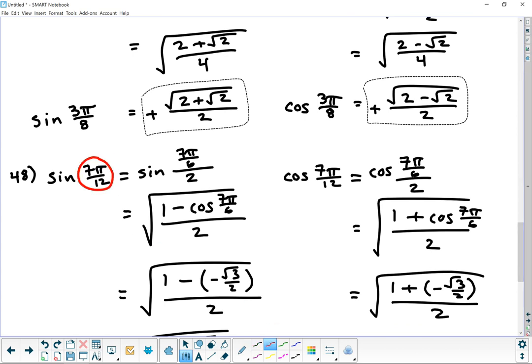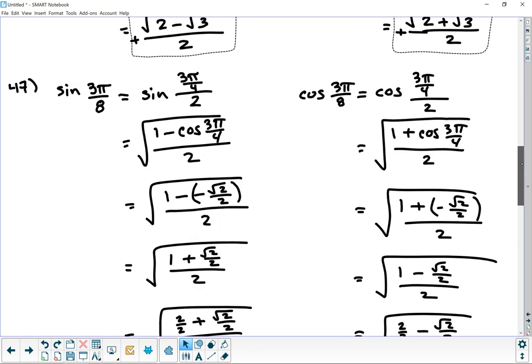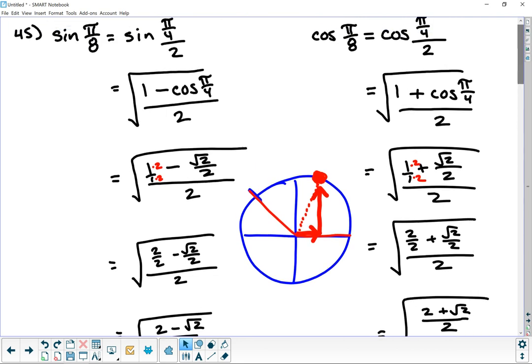Now we got to look at where this is headed, because again, I'm not sure where 7 pi over 12 is, but I am sure I know where 7 pi over 6 is. And 7 pi over 12 is just half of 7 pi over 6. Let me get rid of all this stuff.